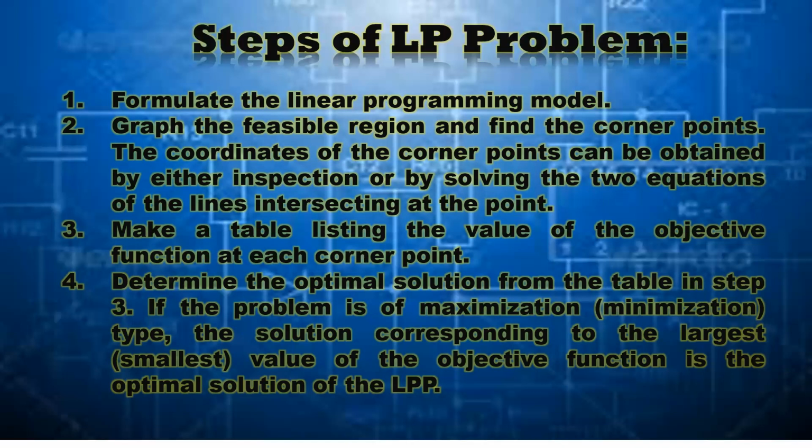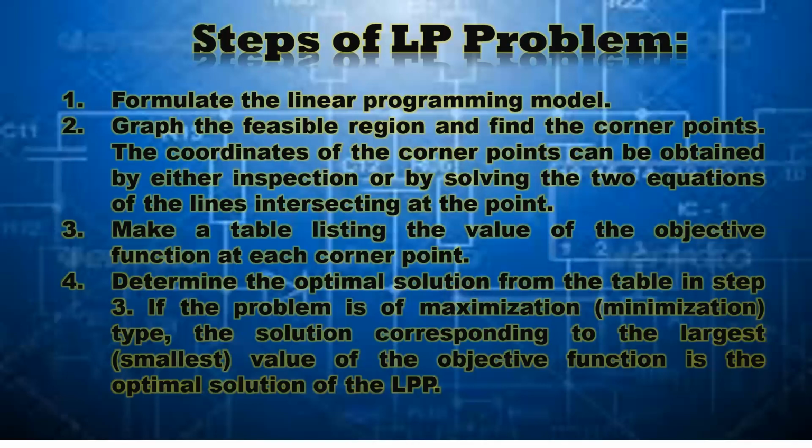Usually the corner points are at the intersection of two lines. We need to take note that all of the values should be in the first quadrant, since we assume in the non-negativity constraints that all of our decision variables should be greater than or equal to 0.